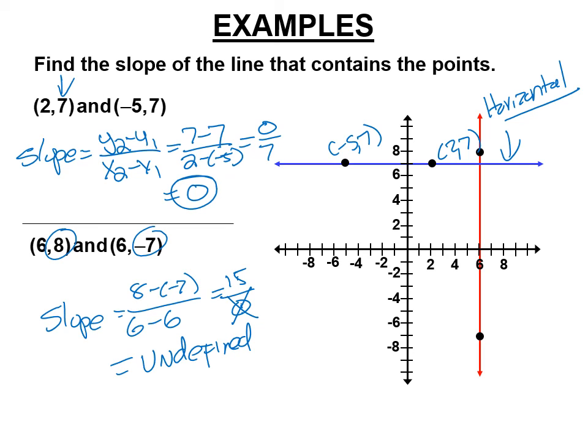Right there. What kind of line is that? That is a vertical line. Okay? And there are the 2 points, right? This is 6, -7 right there. That's 8 up there. And that is a vertical line. Your walls are vertical, your floor is horizontal. Floors have a slope of 0. Walls do not have a slope. It's undefined.